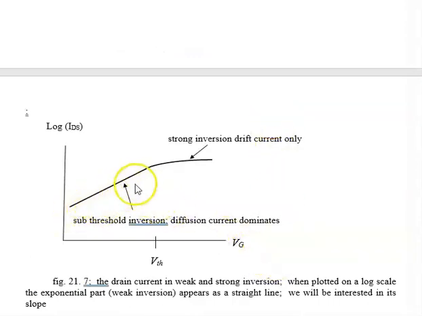So in subthreshold, we get a straight line, and diffusion current dominates. It's all diffusion current down here, and as we increase the gate voltage and approach V threshold, we start getting more and more drift current until we get into strong inversion, and in strong inversion we get drift current only.